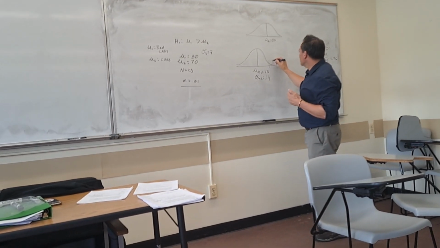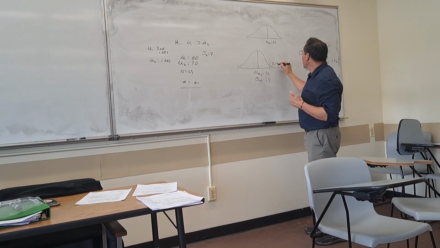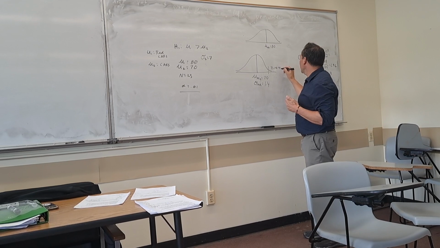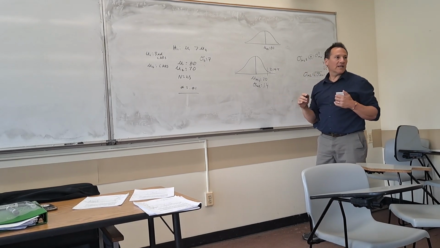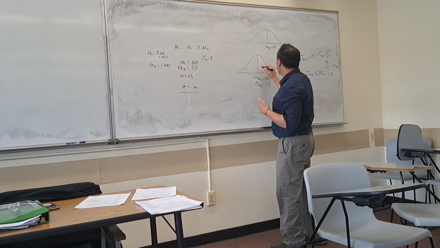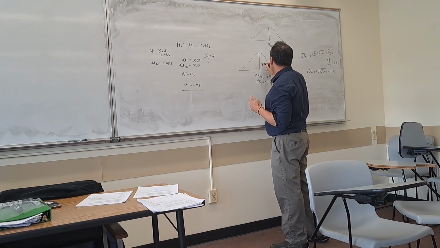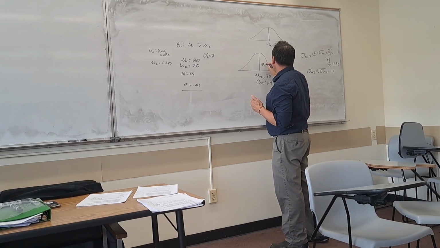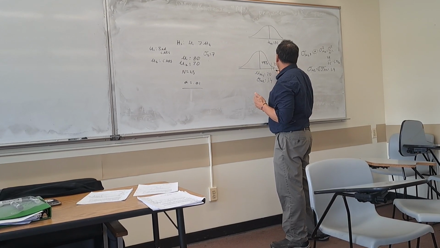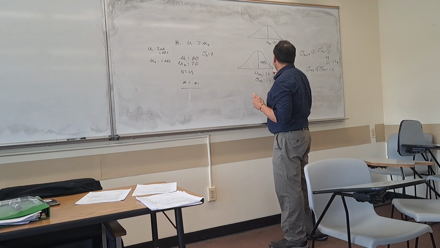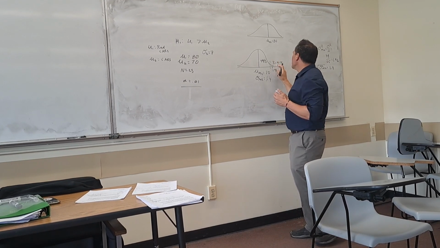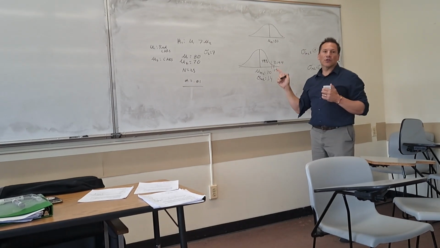We're going to get z critical. For a one-tailed z-test with alpha 0.01, or 1%, you're going to look in the table.